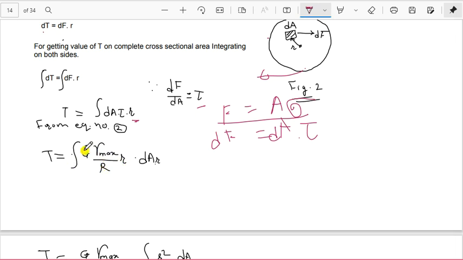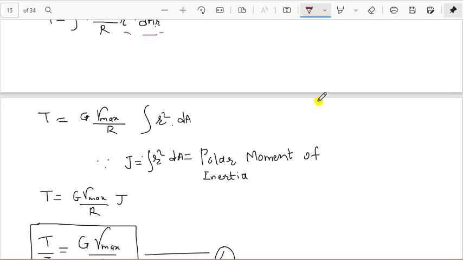The constant values we will take outside the integral, the variable r and dA we will keep inside. Then we will get T equal to capital G gamma max upon capital R integral of r square dA. You know that integral of r square dA is nothing but the polar moment of inertia represented as J. We will put J instead of this value.